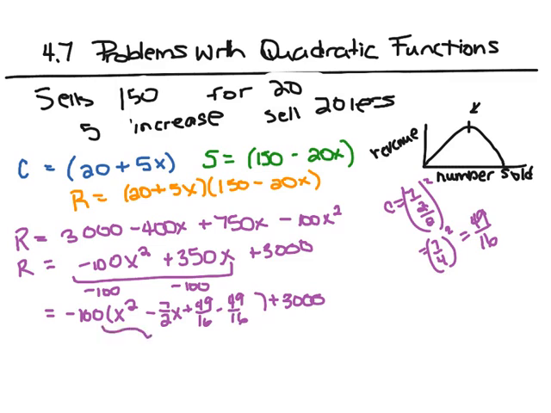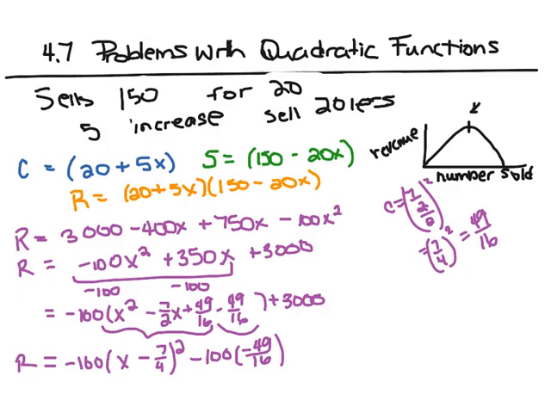This is going to factor, so we're left with R equals negative 100 x minus 7 over 4 squared. This is going to come out, so we have minus 100 times negative 49 over 16 plus 3,000.